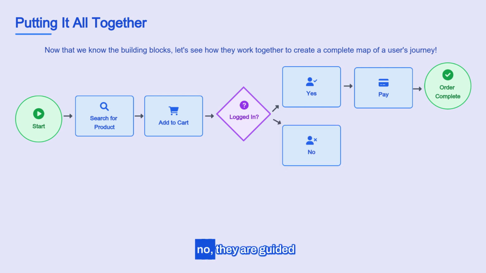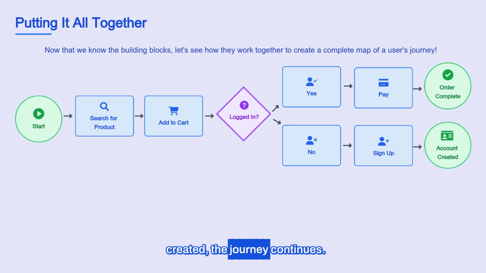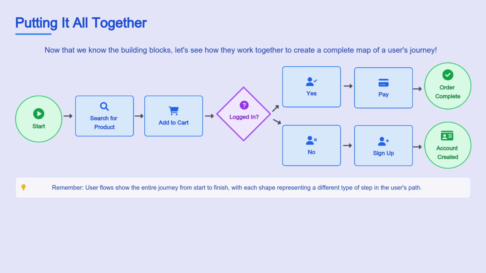If the answer is no, they are guided to sign up, and once the account is created, the journey continues. This example shows how circles, rectangles, and diamonds combine to represent the entire path from beginning to end. Remember, user flows capture the whole journey, with each shape representing a different type of step in the process.